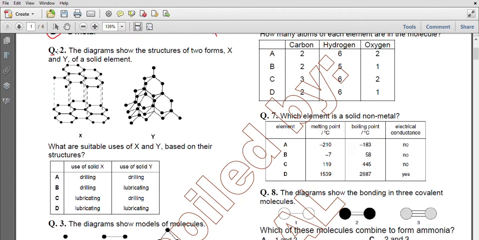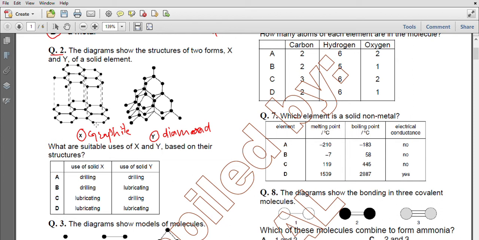So moving to question 2, here we can see the diagrams show the structure of two forms X and Y of a solid element, and we can understand this form X is graphite, whereas the substance Y is diamond, and these both are the allotropic forms of carbon.